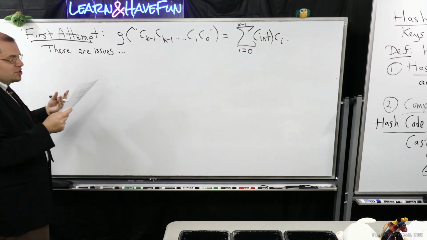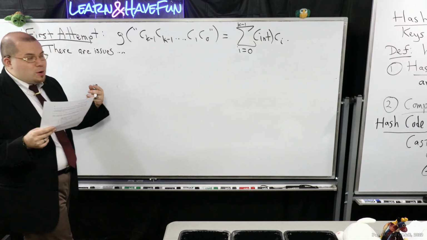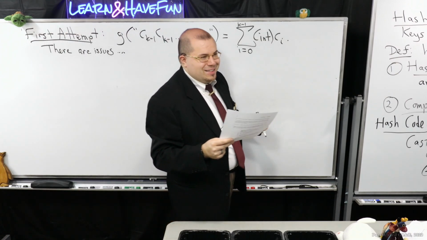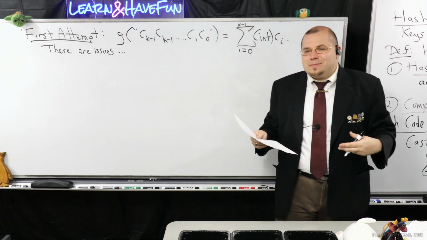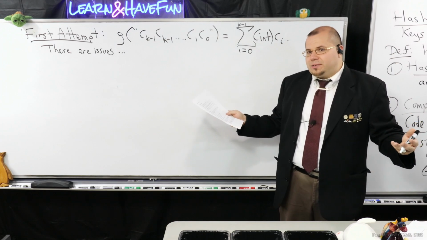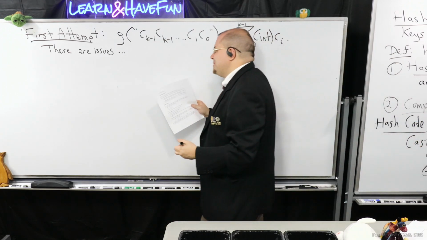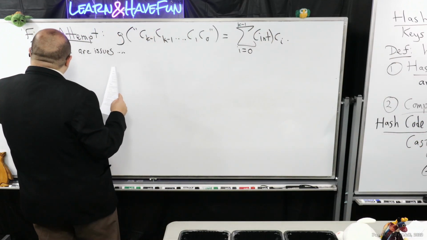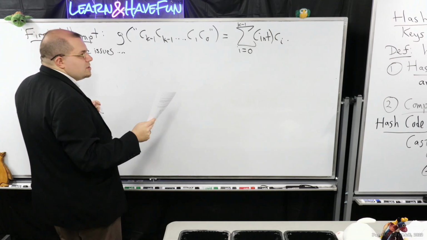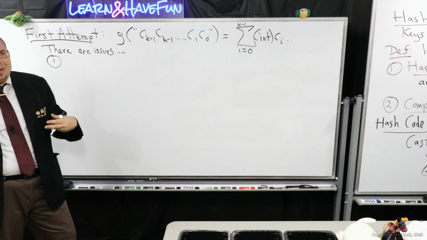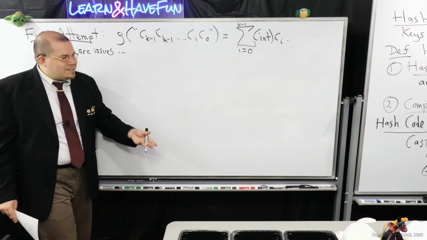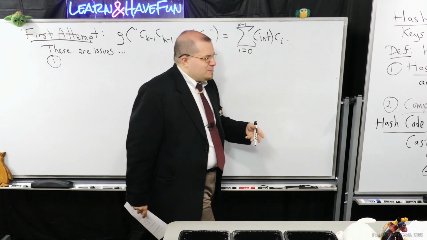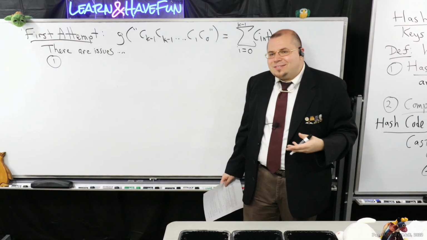The first one is that when you sum over values like this, they may not produce very large values. When you convert characters to integers, they're going to be on the order of maybe 55, 60, around 80 or 90, but that's not big.